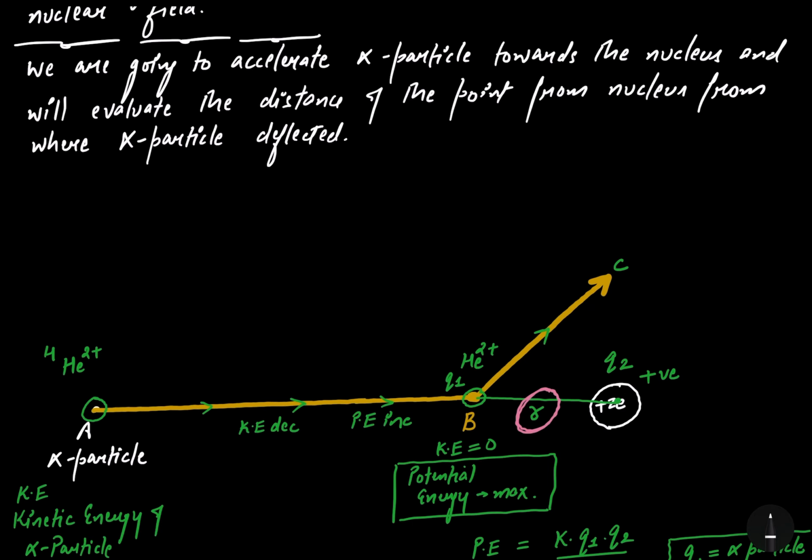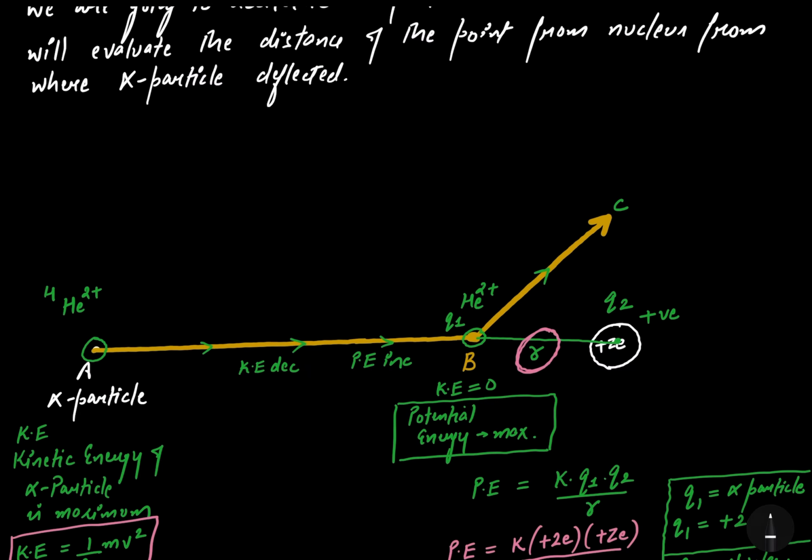At point A, the kinetic energy of alpha particle is maximum. That means here potential energy is 0. Now let's talk about the point B. At point B, kinetic energy is 0, but potential energy is maximum.